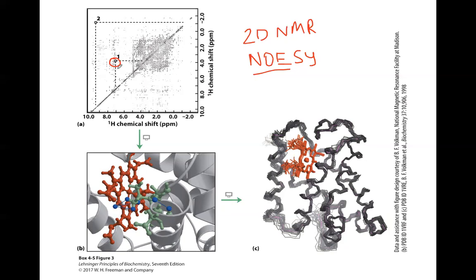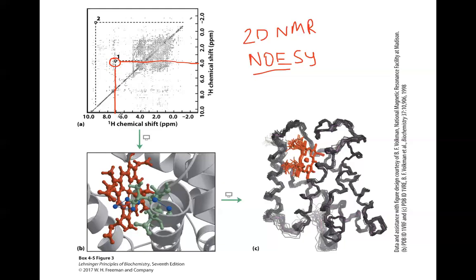The two hydrogens found on the diagonal here and there, one is 4.0 and one is 7.0 ppm. So you know these two hydrogens are close in proximity, so they'll be interacting with each other.